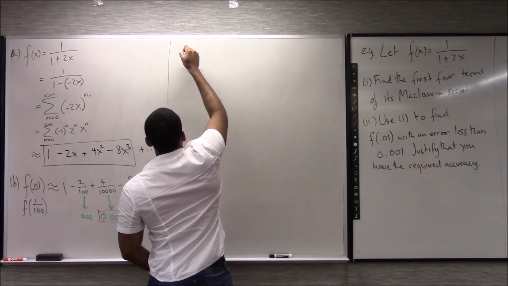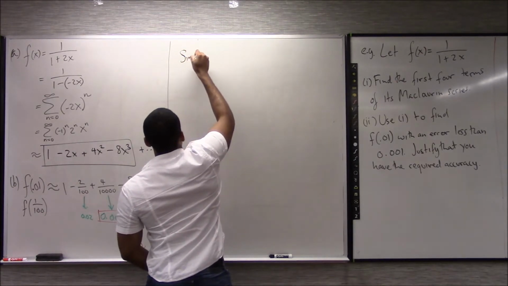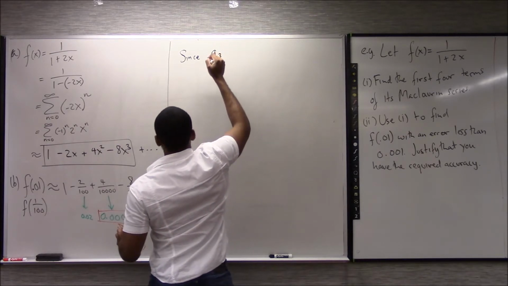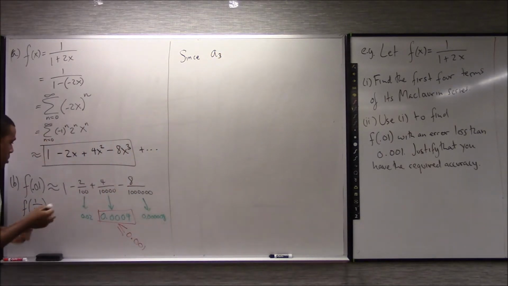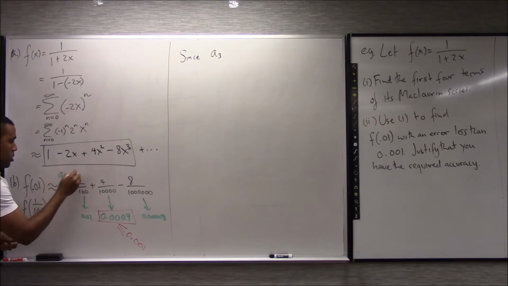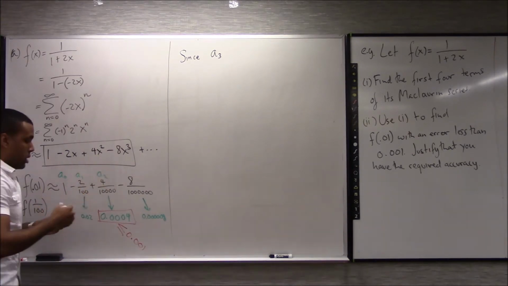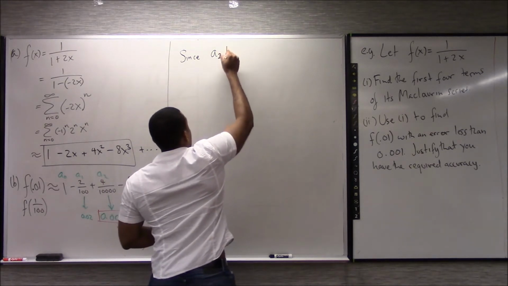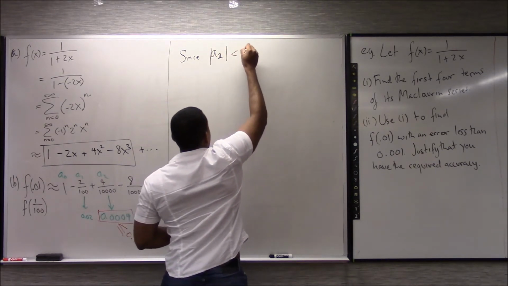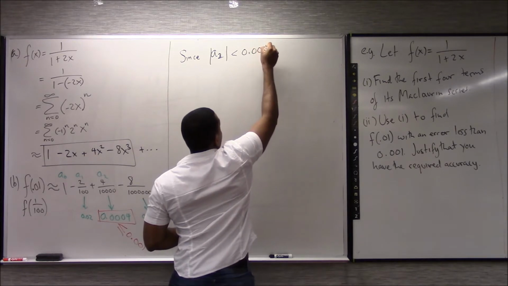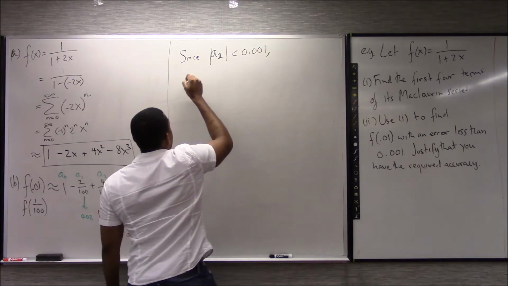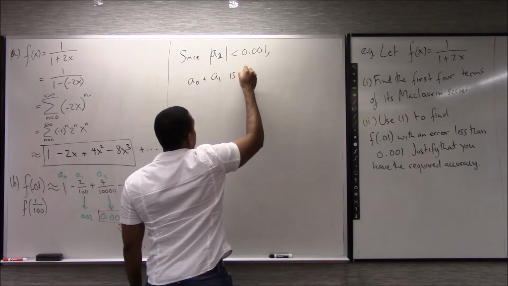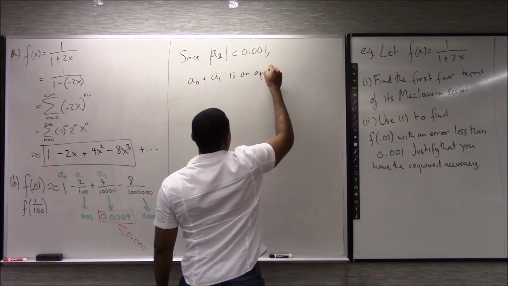So, since the magnitude, let's call this A0, A1, A2. Since the magnitude of A2 is already less than 0.001, A0 plus A1 is an approximation.